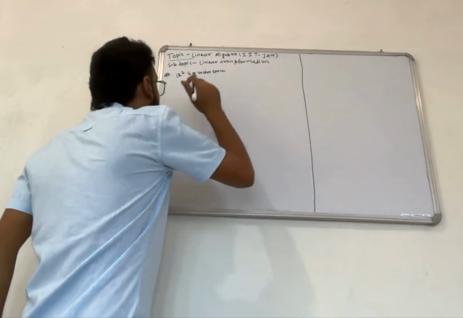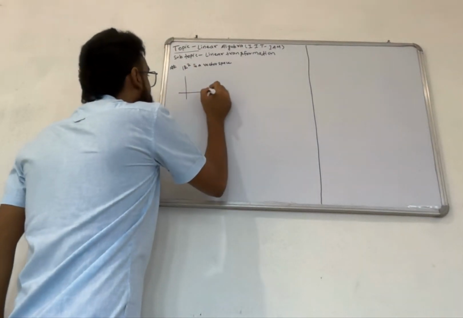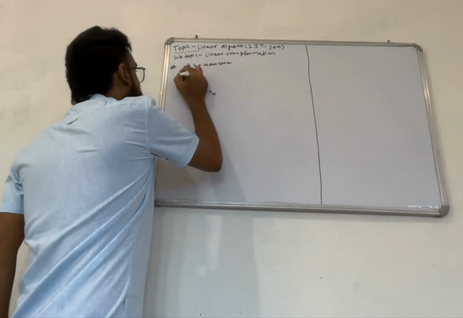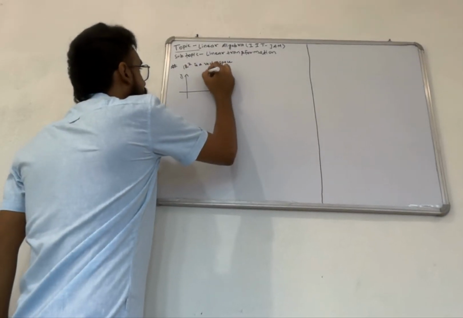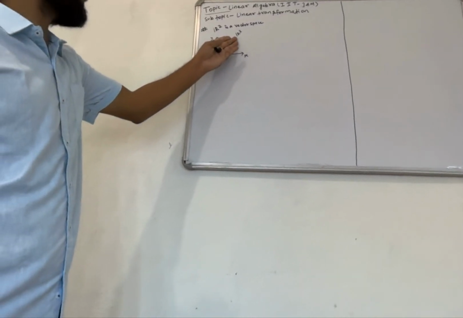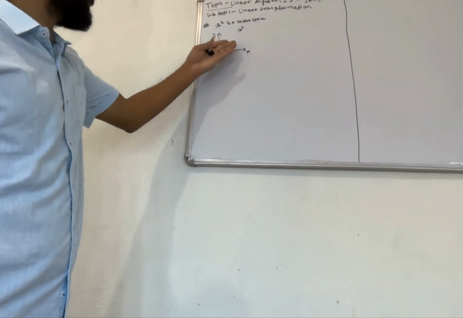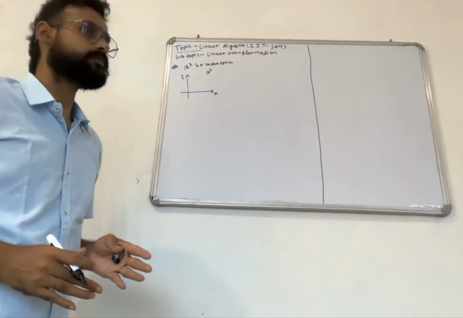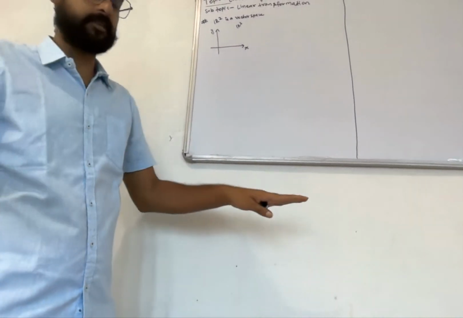This is our R2, this is our X and this is our Y. So this is the R2 plane, or we can say the XY plane or Euclidean plane, like a flat surface.